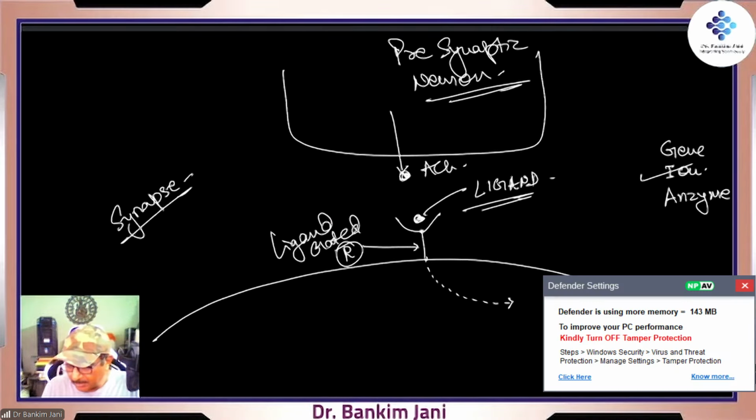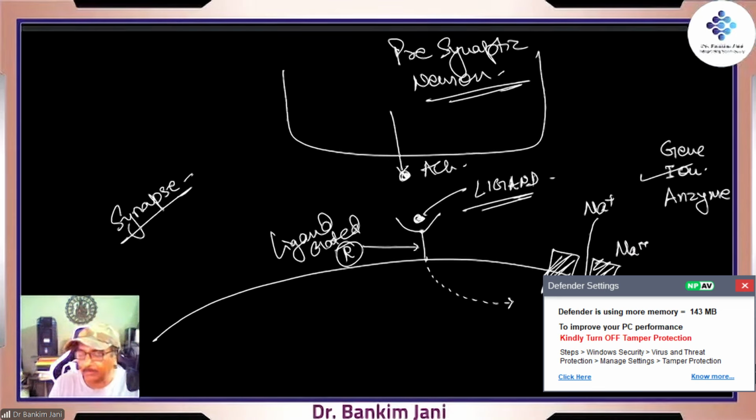Which ions? Sodium ions. Sodium channels. So these are, let's say, the sodium channels. These are the gates, and these gates were remaining closed. Because of this stimulation, those gates have opened. When the gates have opened, the sodium moves in.